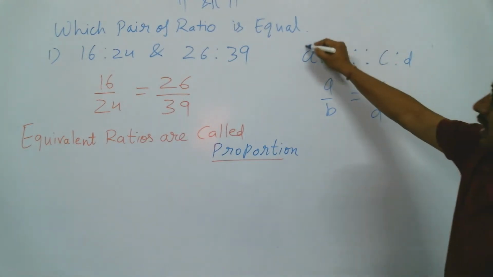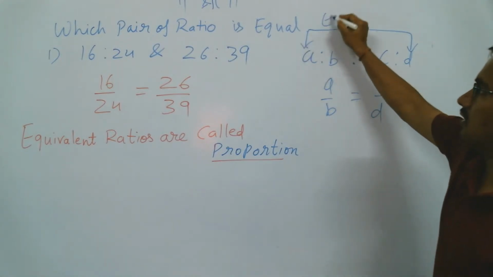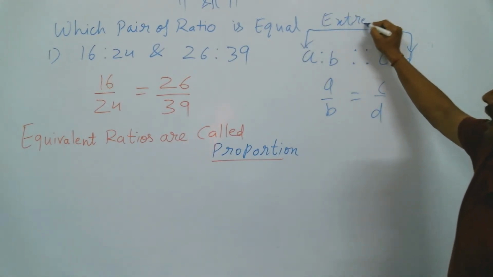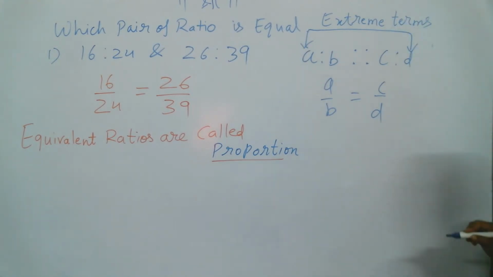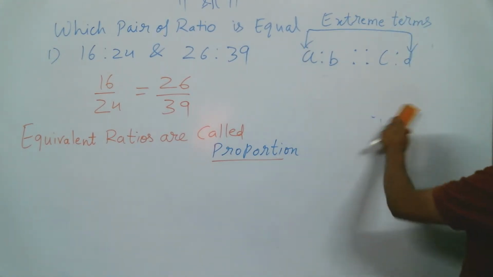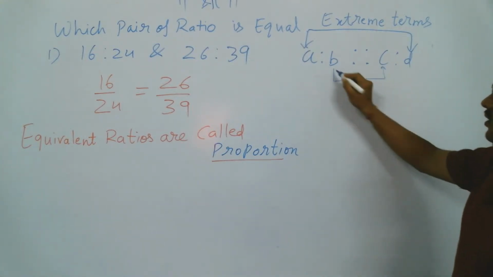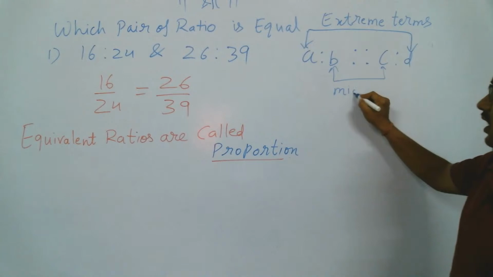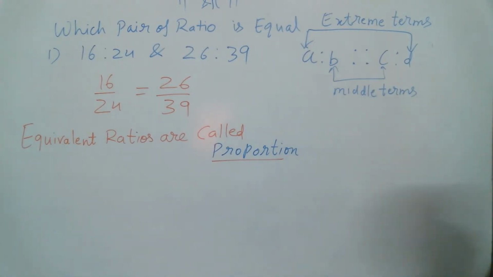And this A and D are the extreme terms, and B and C are the middle terms.